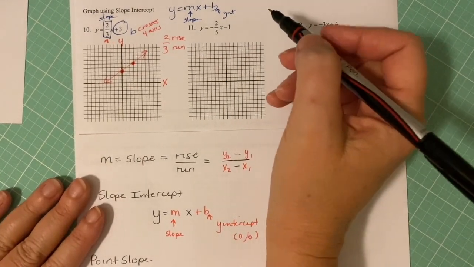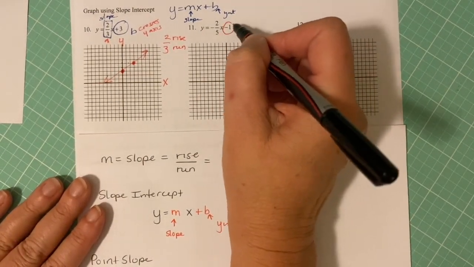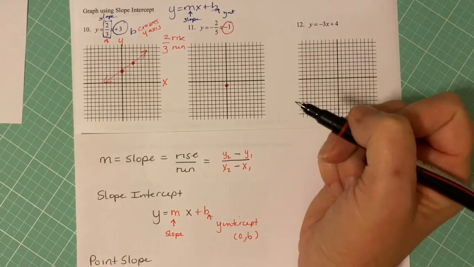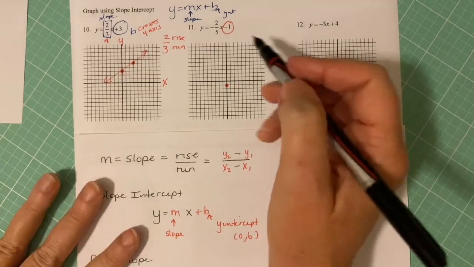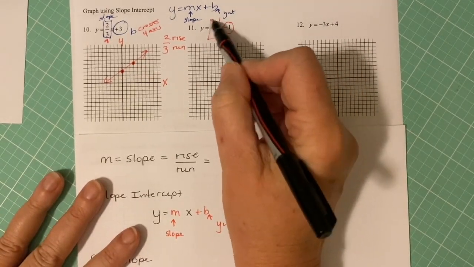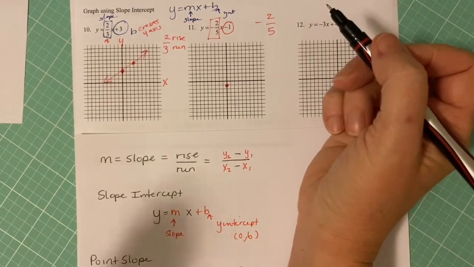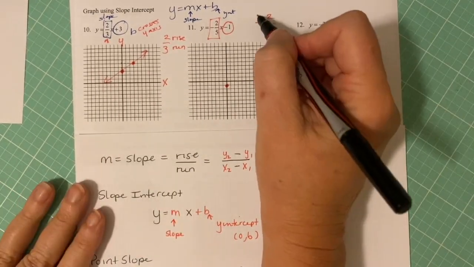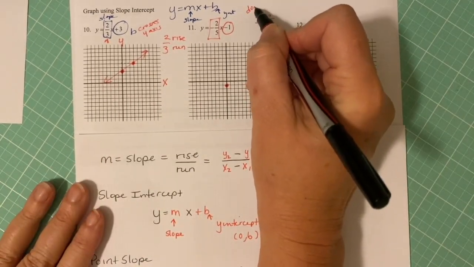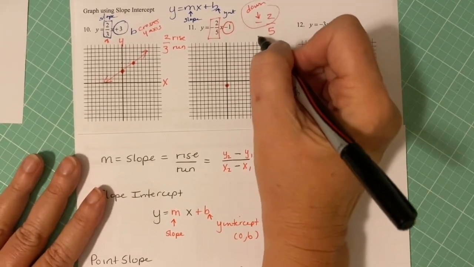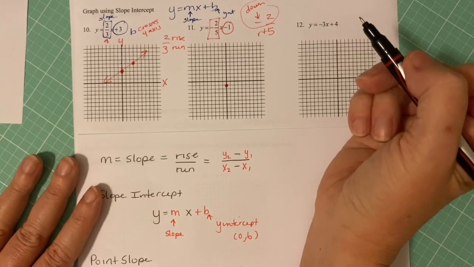But let's look at this next one. So we're going to start at the back. So my y-intercept is -1. So I'm going to go to -1 on the y-axis and draw a point. But now my slope is a -2/5. So think of positive as going up. Negative tells you you're going to go down 2, but the negative is going with the top. So you're always going to go to the right on the bottom.